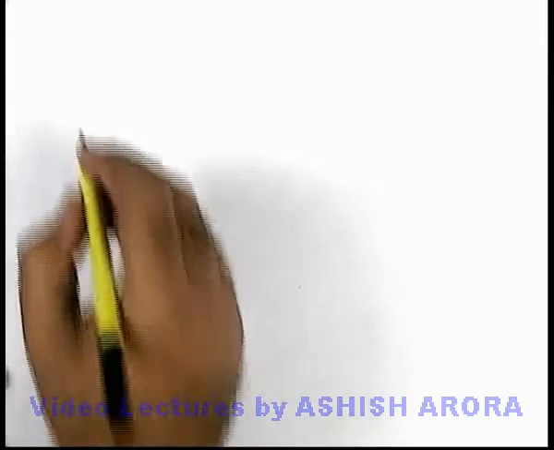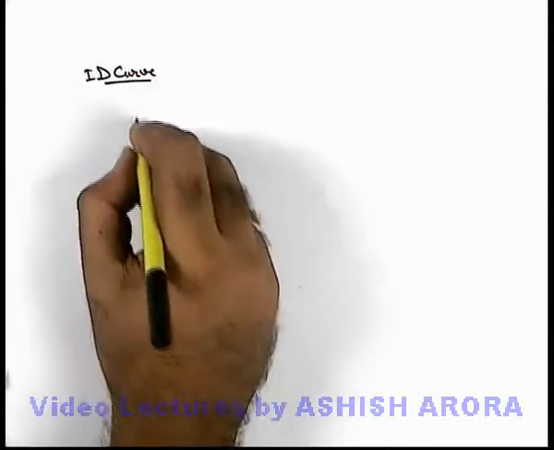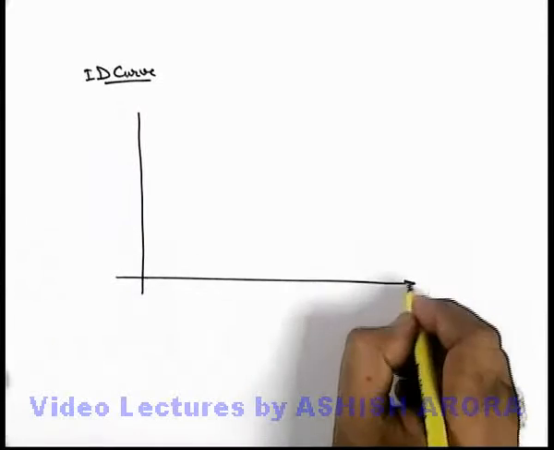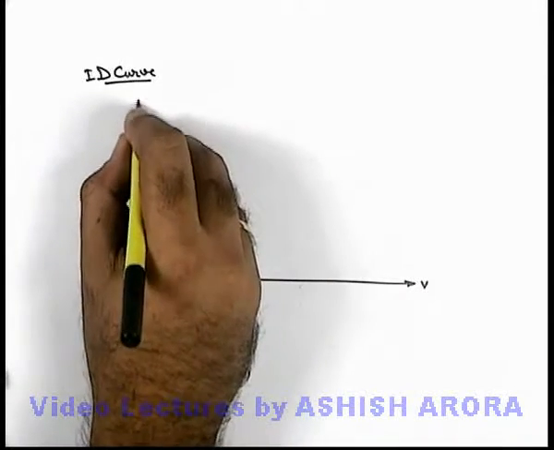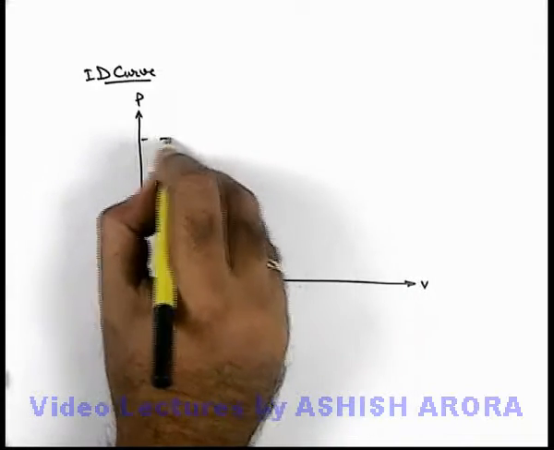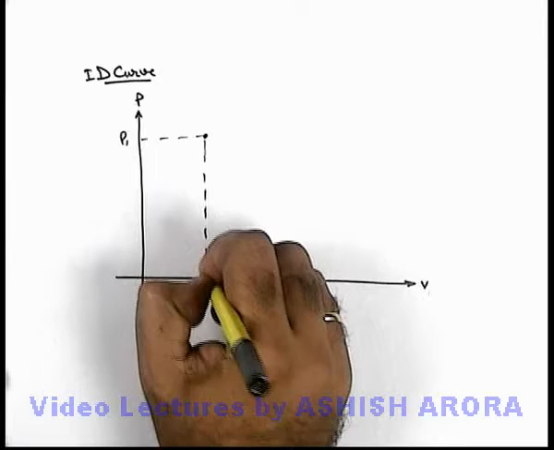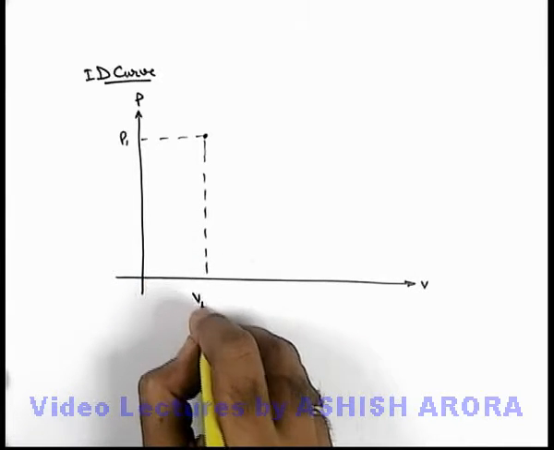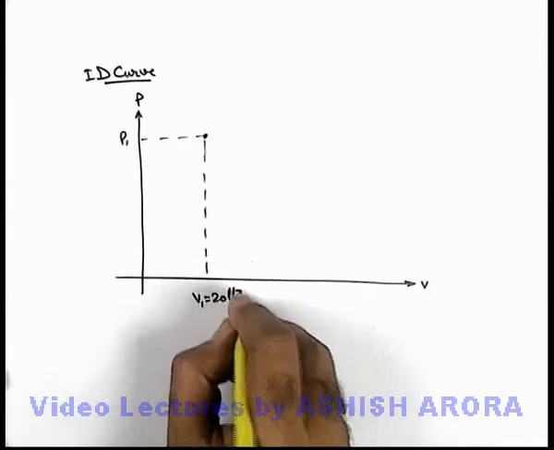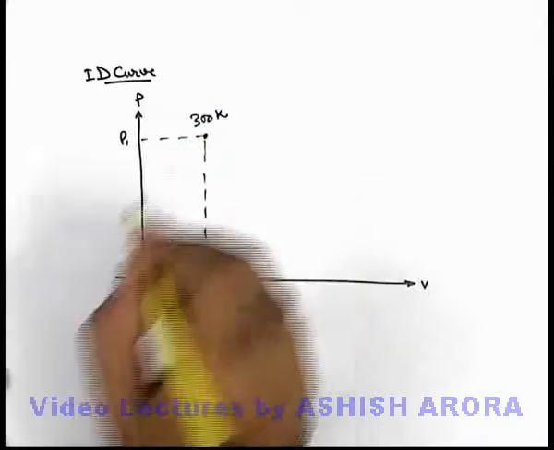Now in this case, if we plot the curve for the complete process, we plot it on a PV scale. We are given that initially, say the gas pressure is P1, the volume is V1, that is 20 liter, and the temperature here is 300 Kelvin.